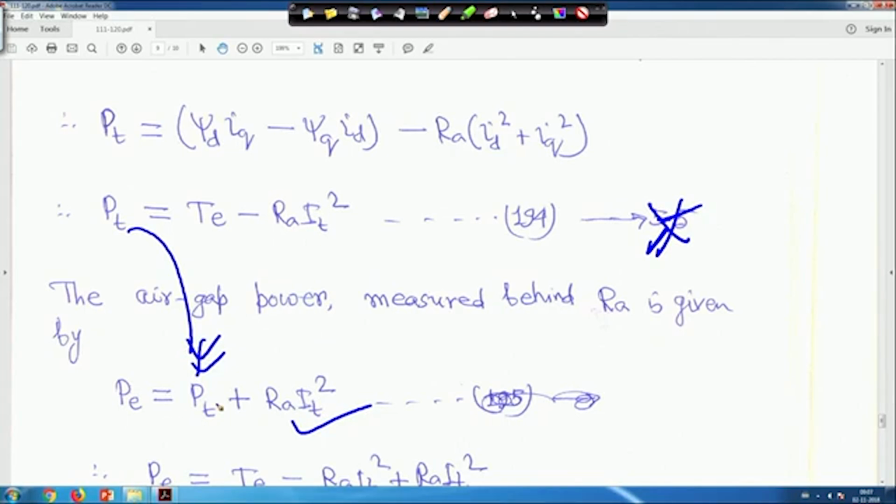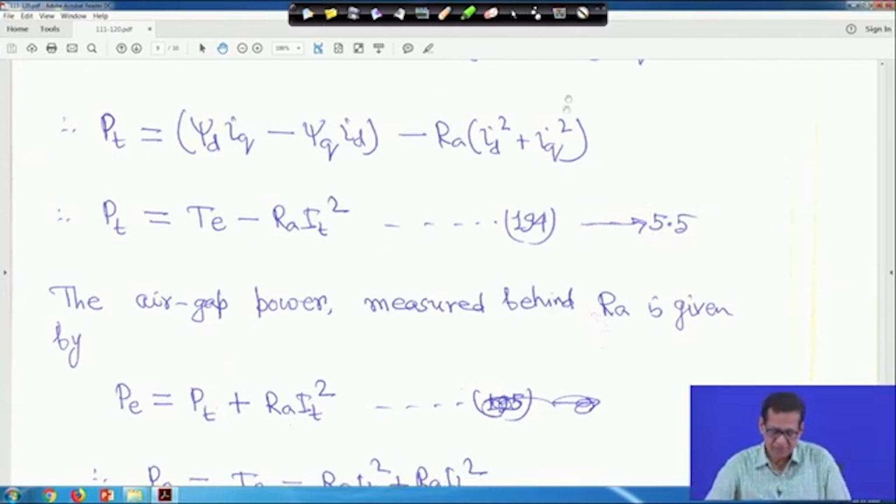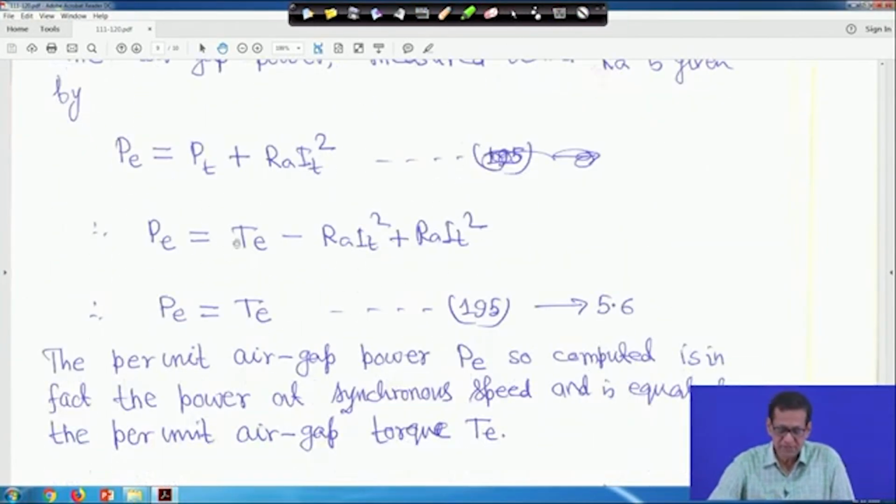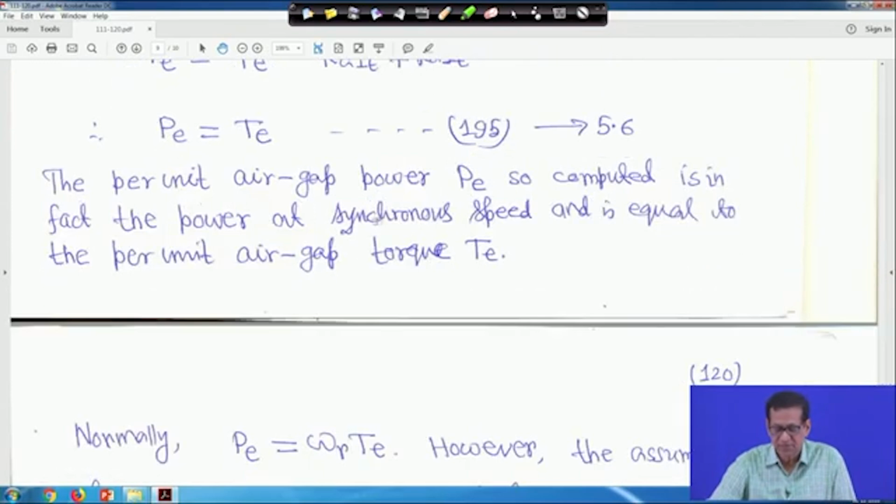Finally, you will find that P is equal to T, because minus RA IT square plus RA IT square will be cancelled. Therefore, the per unit air gap power P so computed is in fact the power at synchronous speed and is equal to per unit air gap torque T.